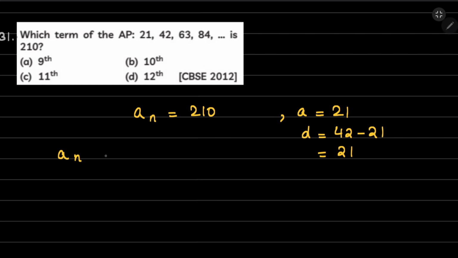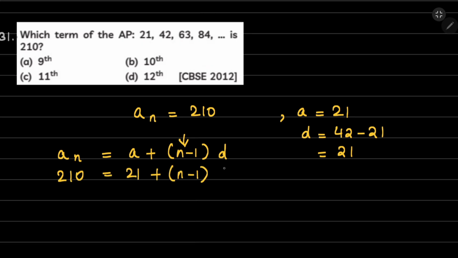So AN is equal to A plus N minus 1 into D. Which term means you have to find out your N. It is a part of AP, but you have to find which term it is. So AN is 210, which is equal to 21 plus N minus 1 into D, which is 21 again. Right? So you can open the brackets: 21 plus 21N minus 21 is equal to 210.